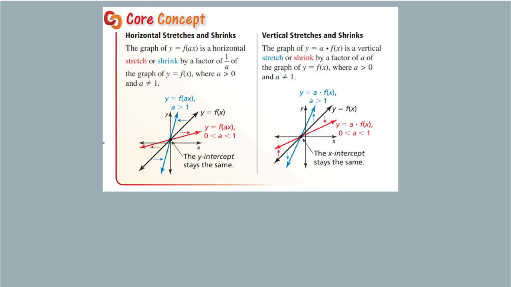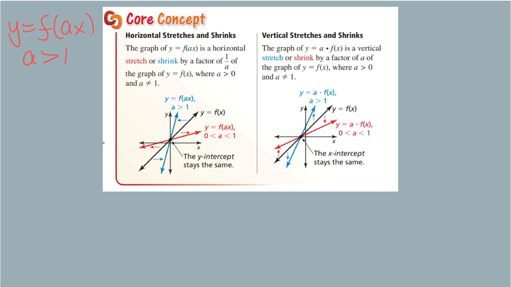The core concept is horizontal stretches and shrinks. So the graph of y equals f of a times x. When we multiply a times x, when a is greater than 1, what is happening?